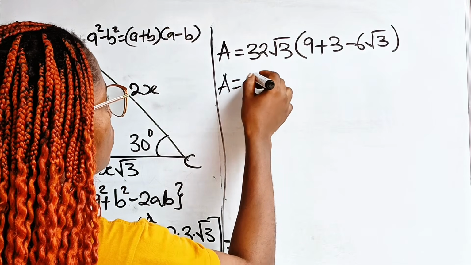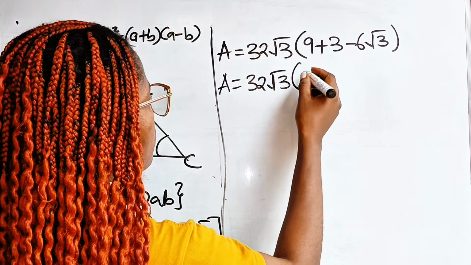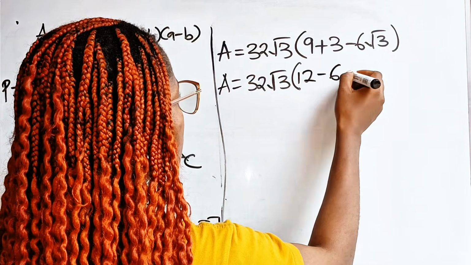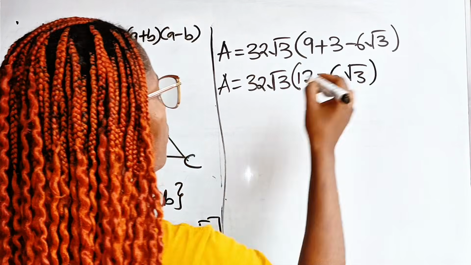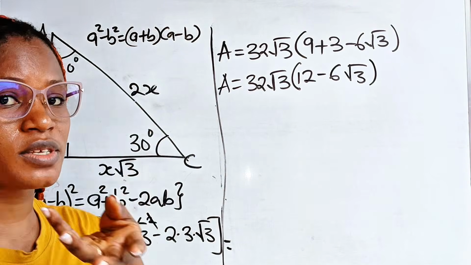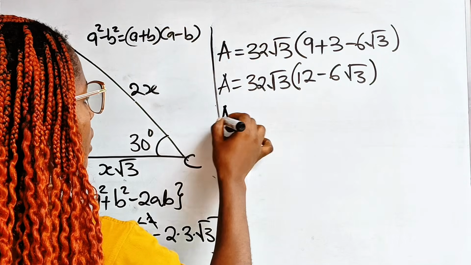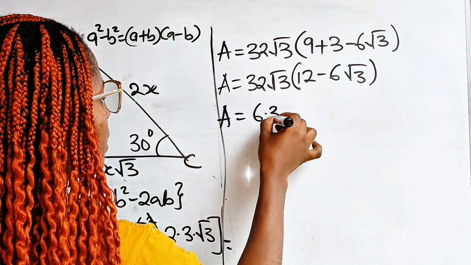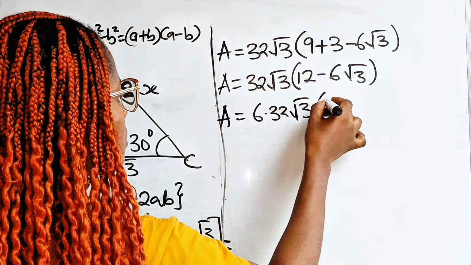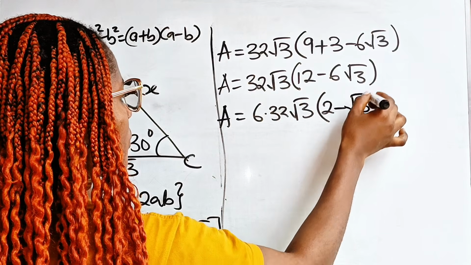So A is equal to 32 root 3 bracket 9 plus 3 is 12 minus 6 root 3. Now I can see that we can factorize 6 from the bracket. So we have A equals 6 multiplied by 32 root 3 bracket. When this is divided by 6, we have 2. When this is divided by 6, we have root 3.